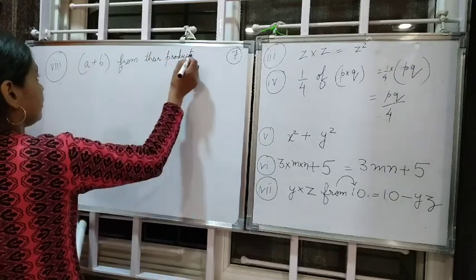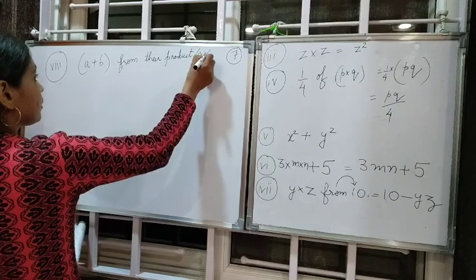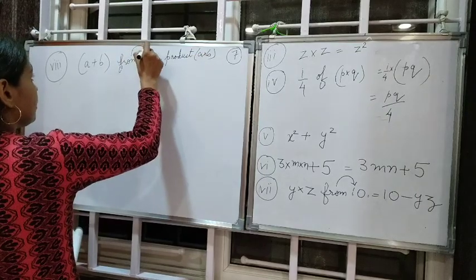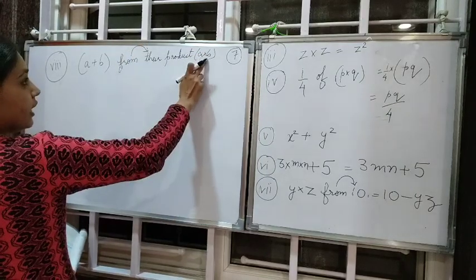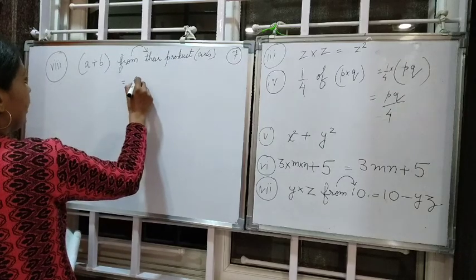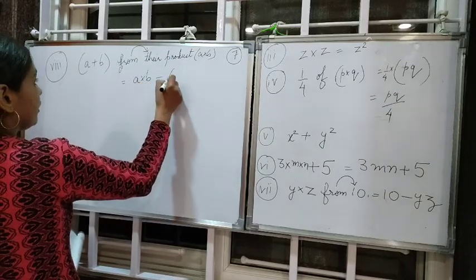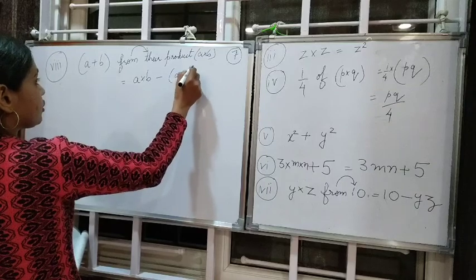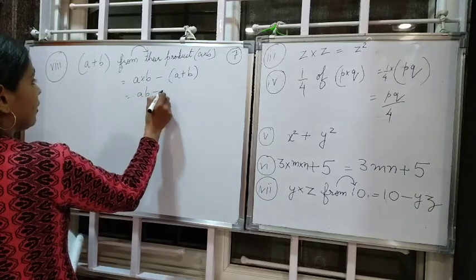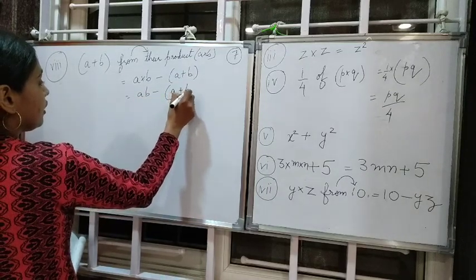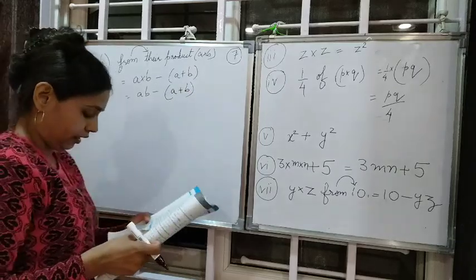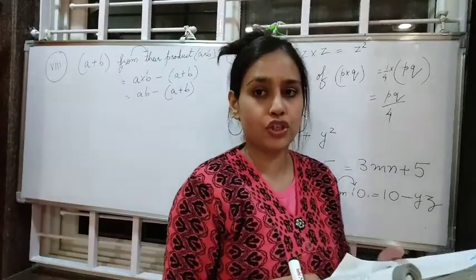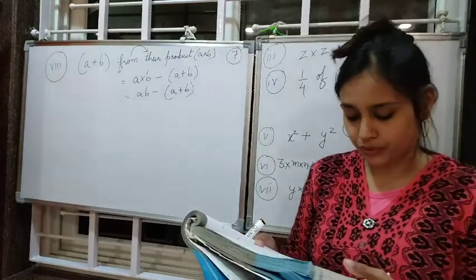A and b. So this number will come first, that is a into b will come first. So a into b minus a plus b, that is ab minus (a plus b). And this completes your question number 8.